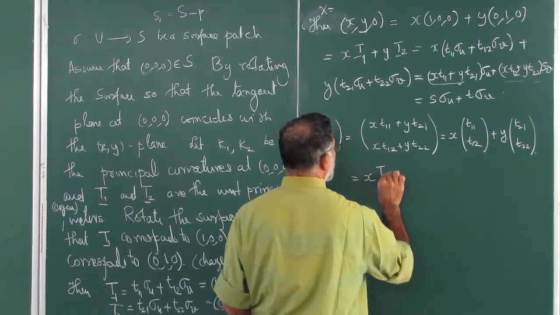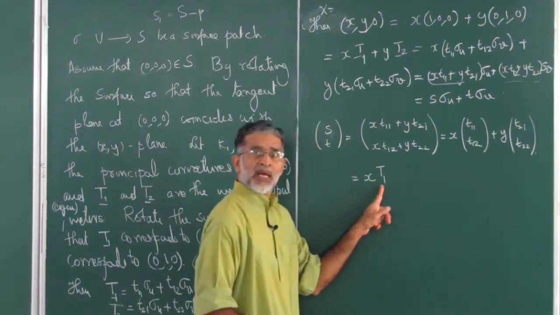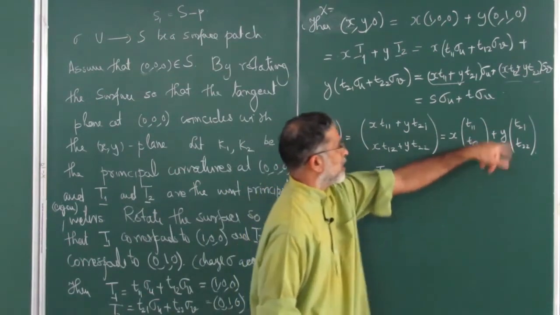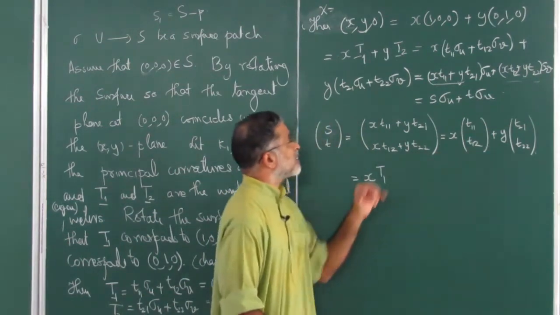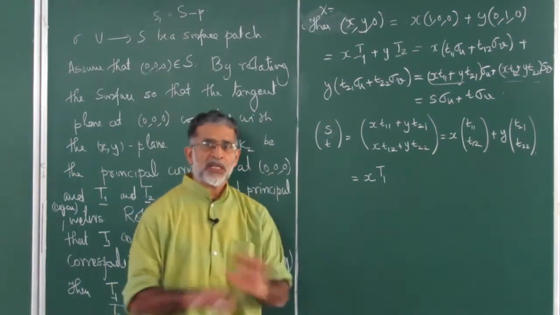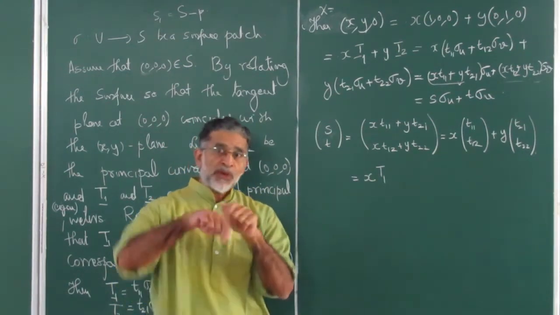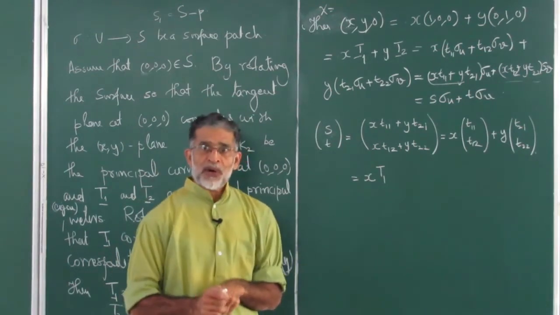I will write t1 without underline, without that vector notation. You need the coefficients with respect to this to do any computation using the first fundamental form or second fundamental form. The first fundamental form will give you the dot product.